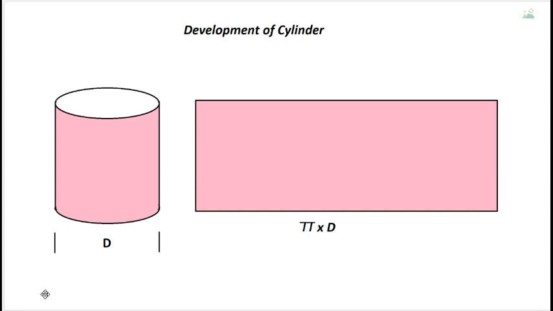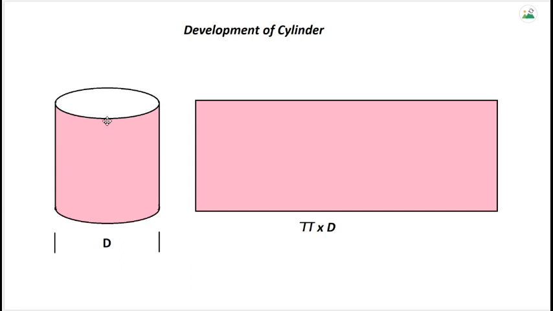To start with, let us consider the development of a cylinder. So what is development basically? Basically it is like wrapping a sheet to get the given shape.